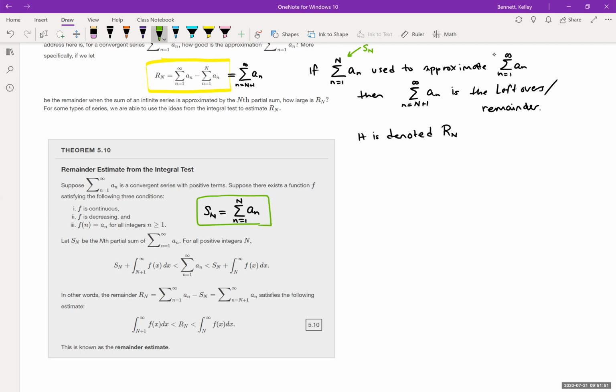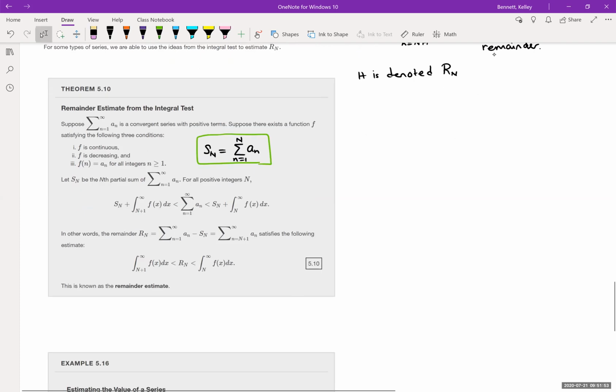Then what we can say is that the nth partial sum plus the tail end using the integral, because we can integrate and get a number for this nicely, and because the series converges, we know this integral also must converge. If we approximate using the leftovers in integral form, this will give us a bound on our error.